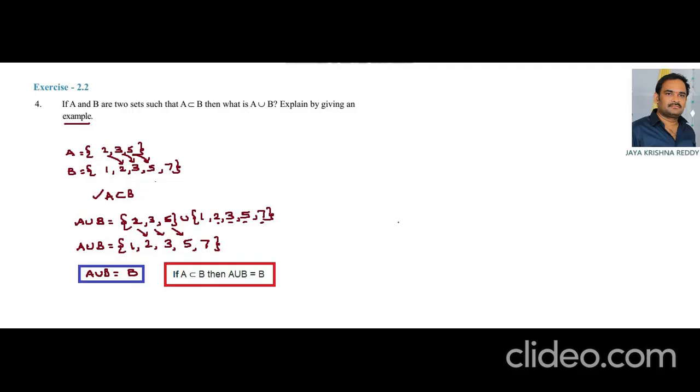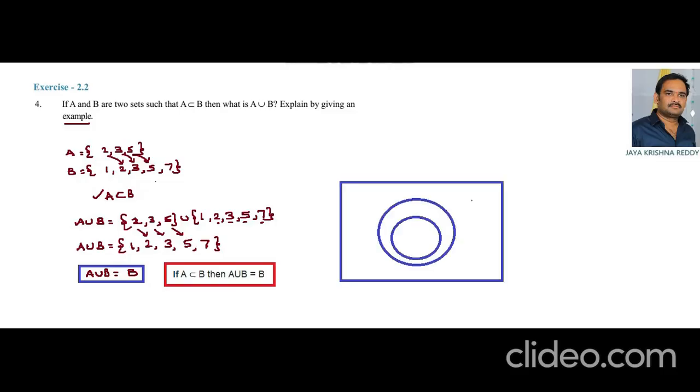Then what is the Venn diagram for this? This rectangle represents the universal set U, and here we have two sets A and B, so we have to draw two circles, but the given condition is A subset B. That means all the elements of set A are present in set B. So the circle representing set A should be inside the circle of set B. If A is a subset of B, we have to draw the circles like this.